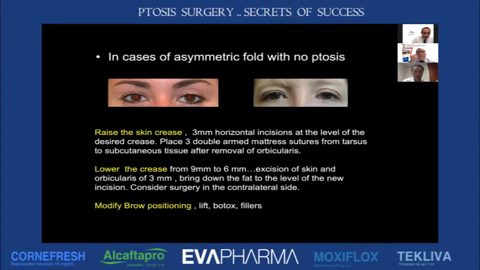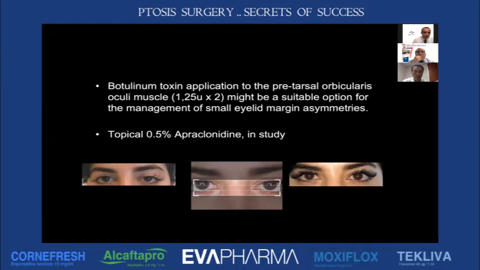And also you may need to consider the repositioning of the brow. You can do that by performing a brow lift, or using some Botox in the frontalis, or by using some fillers in cases where there has been some fat deflation at that level. Botulinum toxin application to the pretarsal orbicularis oculi muscle can be used to correct very mild ptosis.